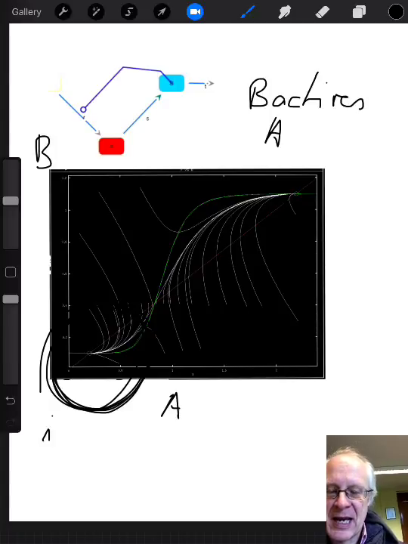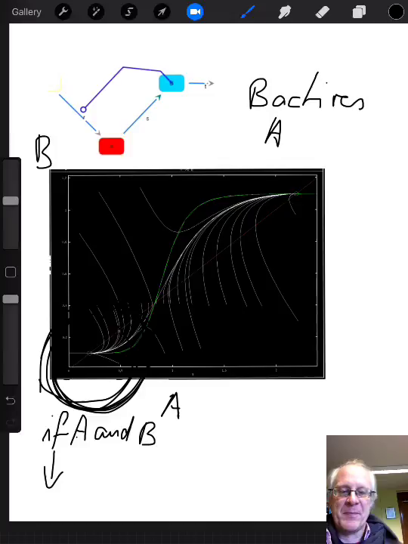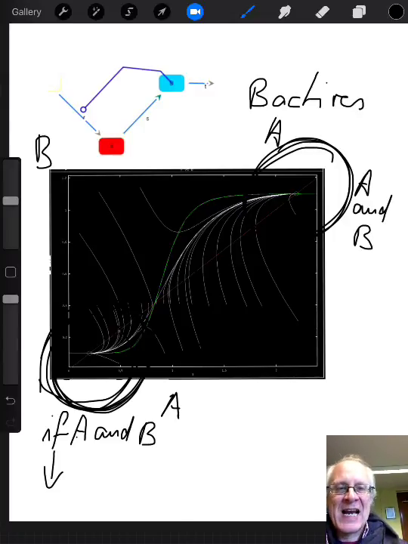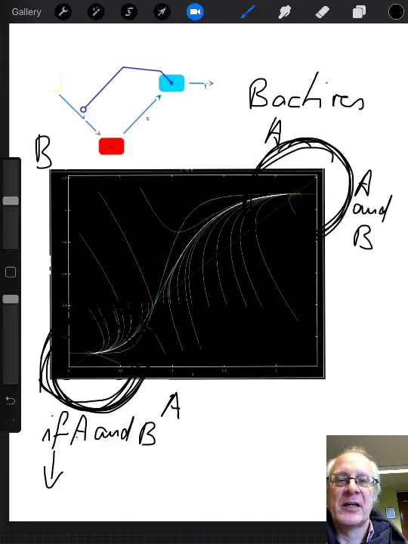So if A and B are small, we have low concentrations of A and B. But if the concentrations of A and B get higher, we get a stable state with A and B high. So we can actually have not one stable state, we can have two stable states in a positive feedback loop.